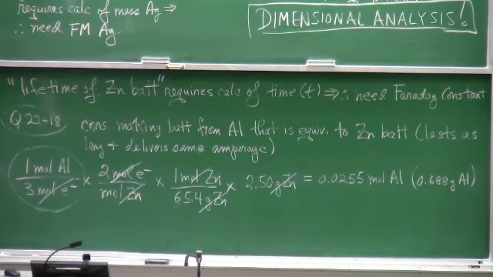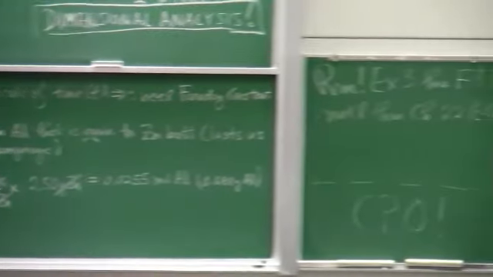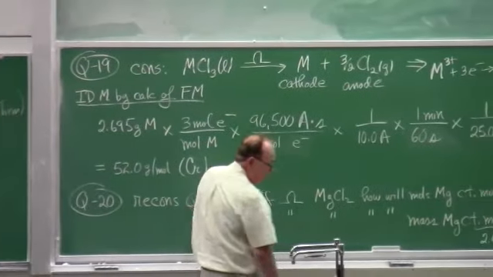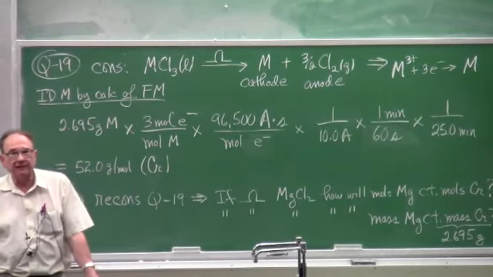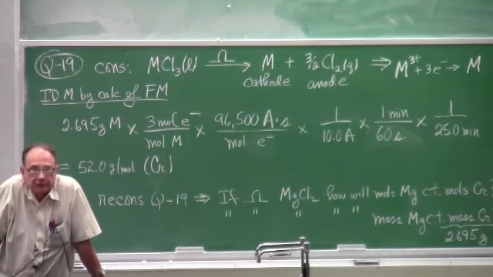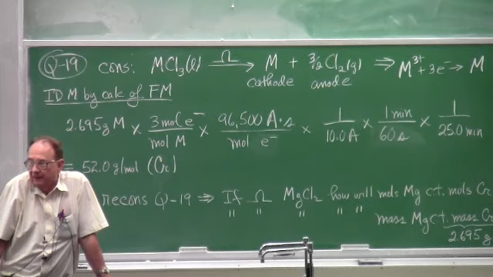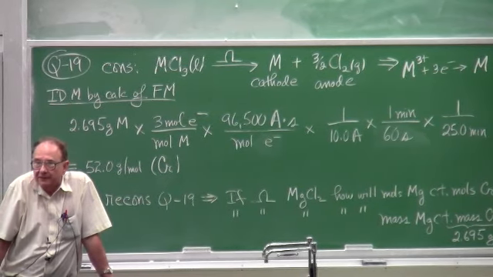Question 19. Question 19 says, let us consider the electrolysis of a molten metal chloride. The formula for the chloride is MCl3.